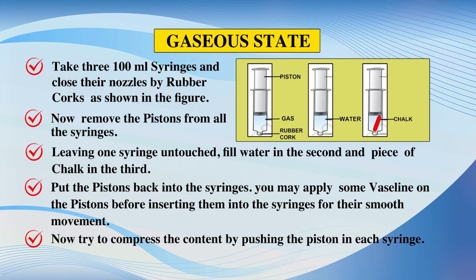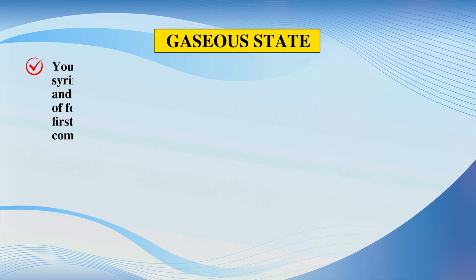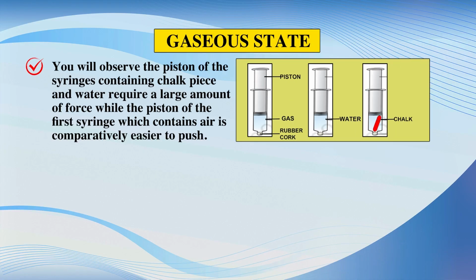Now try to compress the contents by pushing the piston in each syringe. What would you observe? In which case was the piston easily pushed in? You will observe that the piston of the syringe containing the chalk piece and water requires a large amount of force, while the piston of the first syringe, which contains air, is comparatively easier to push.